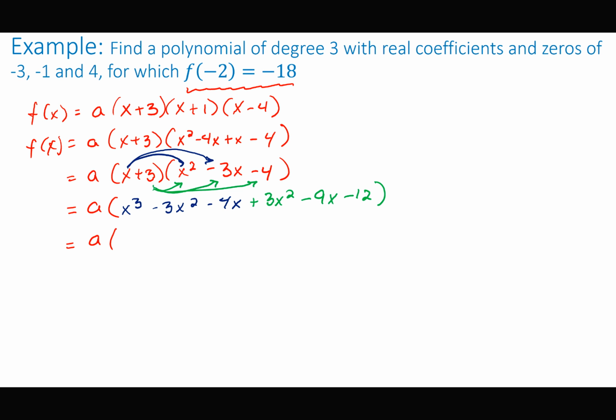Now again, I want to look to combine like terms, so I have an x cubed, and as I'm working through this on paper, I literally cross them out as I go along to make sure I don't miss anything and I don't duplicate anything. Negative 3x squared and a positive 3x squared, those are good. I don't have to worry about those. Those are opposites. Negative 4x and a negative 9x would be a minus 13x, minus 12.